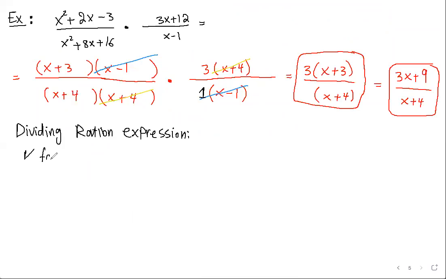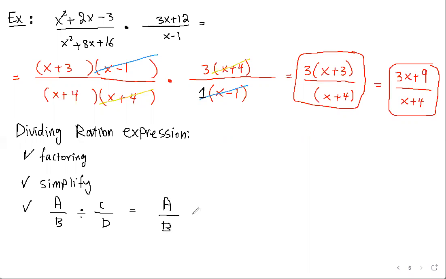For factoring, you factor both the numerator and denominator of all fractions. Simplify, then use this property: a over b divided by c over d is equal to a over b times d over c.